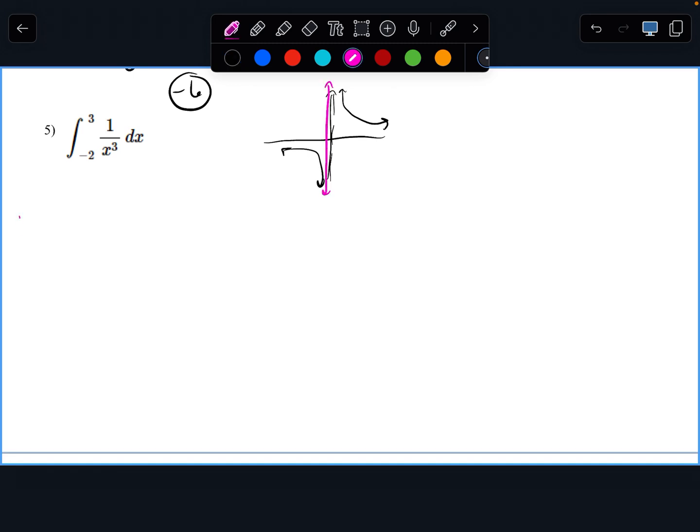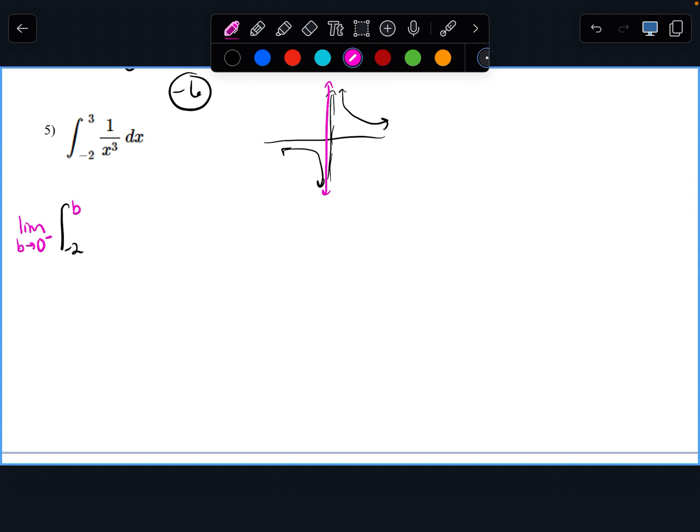So I'm going to do limit as b goes to 0 from the left, because I'm integrating from negative 2 to that 0 value. Does that make sense? I'm going from negative 2 to 0, so I'm approaching it from the left side.